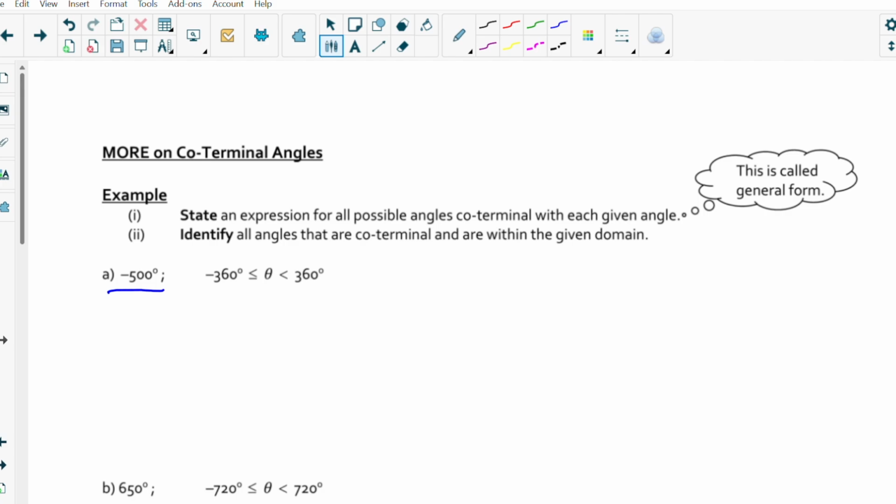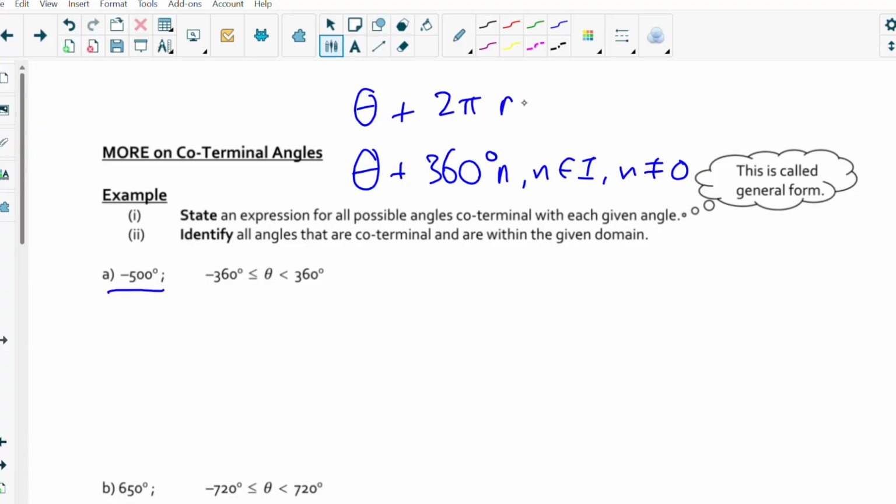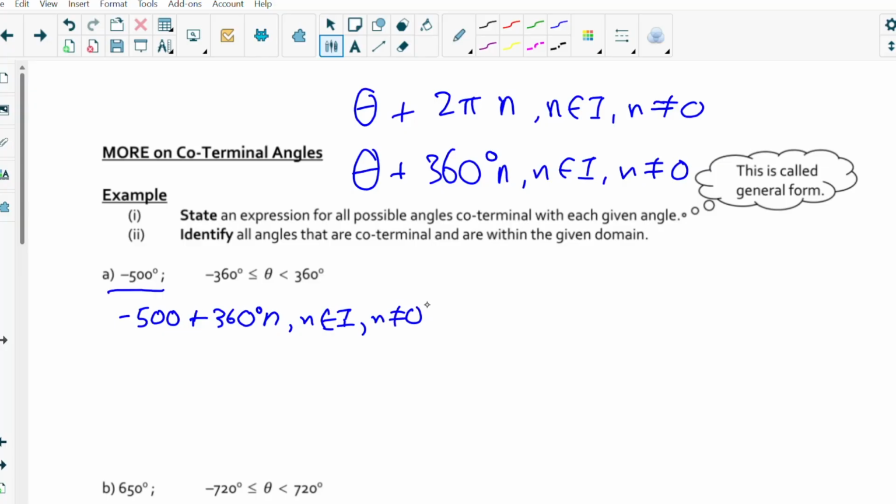Okay, so again, for this page, there's two formats: theta plus 360n, where n is an element of integers, n does not equal 0, or the radian version, 2 pi n, where n is an element of integers, n does not equal 0. So for negative 500, I do negative 500 plus 360 degrees n. N is an element of integers. N does not equal 0.